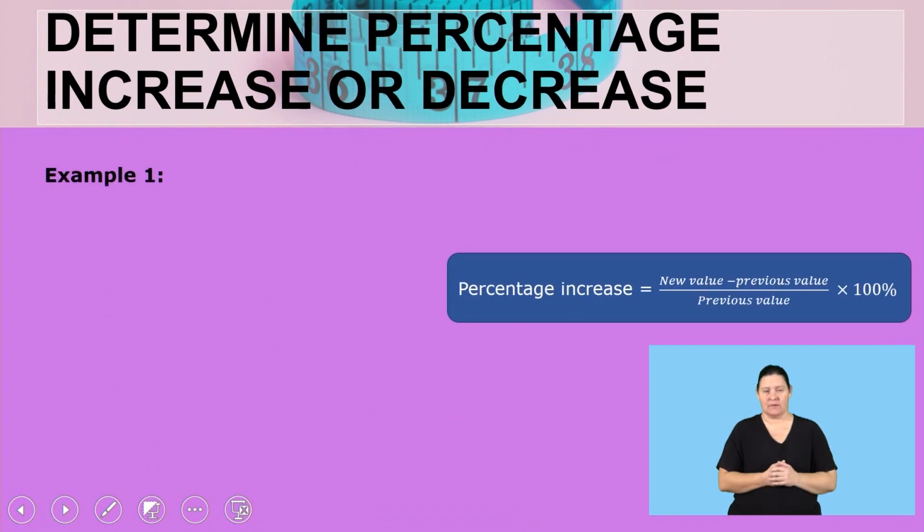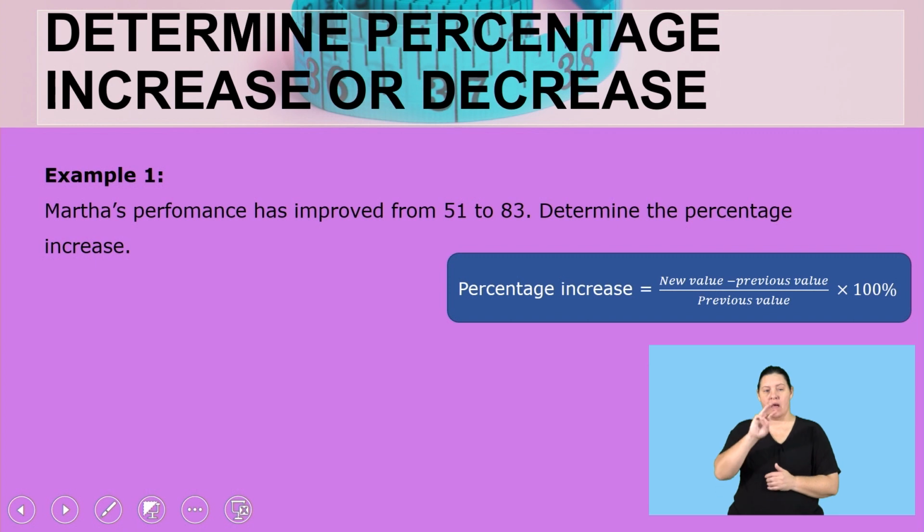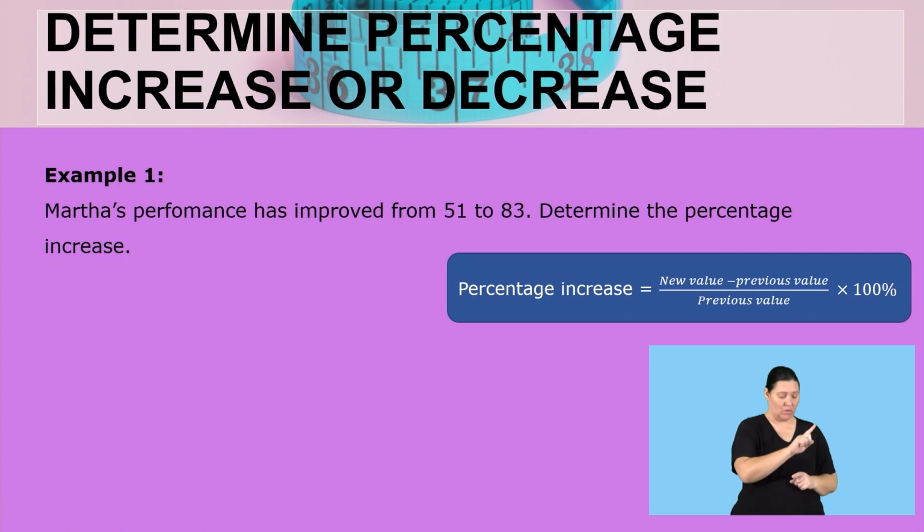The first example that we are having: Martha's performance has improved from 51 to 83. Determine the percentage increase. To determine Martha's percentage increase, from these two values, take note that the first one will be the previous value, and the next one will be the new value.